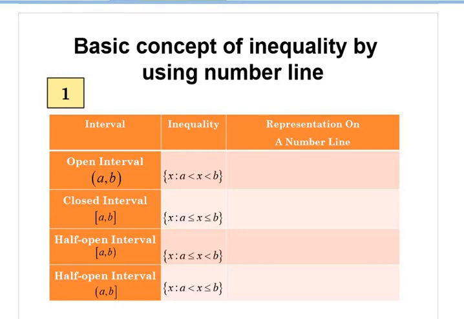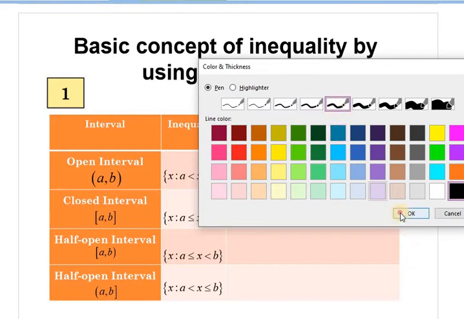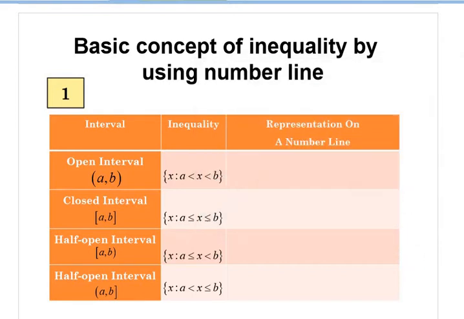So how to represent it on a number line? We have an open interval. First, we must draw a number line, and after that, we denote the first value, the least value, and the greatest value, which is considered here as B. A is not included, so we represent it as an empty circle.